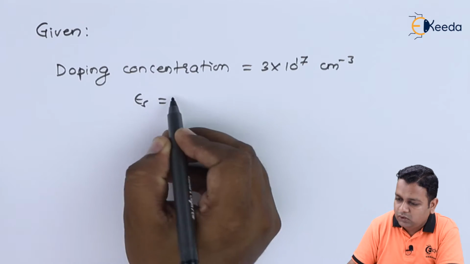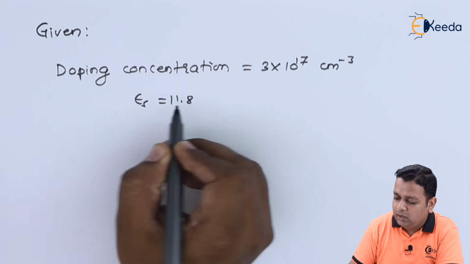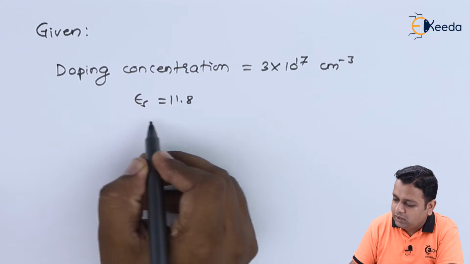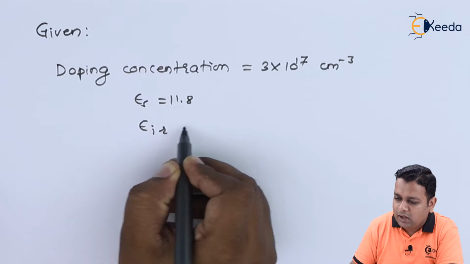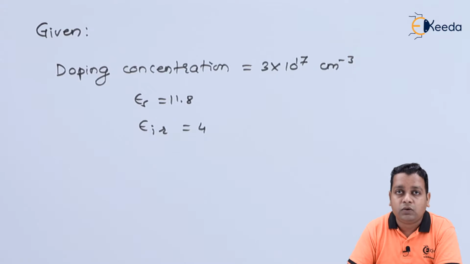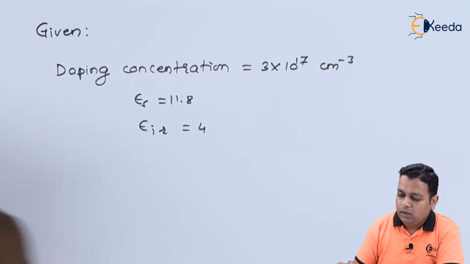So ES is equal to 11.8 is provided to us. It is having the next parameter represented as epsilon suffix IR is equal to 4. This is again the relative dielectric constant, but this is for SiO2, the silicon dioxide. That is why we derive the device name MOSFET.